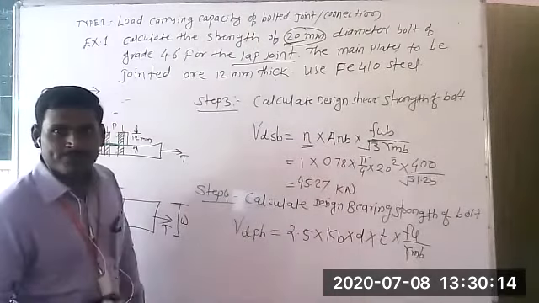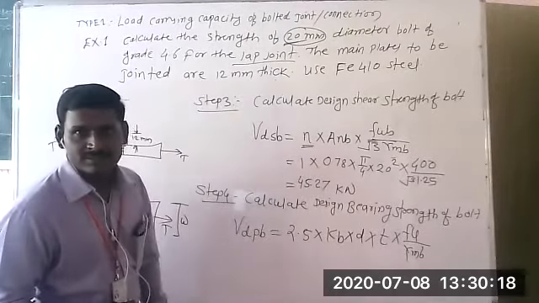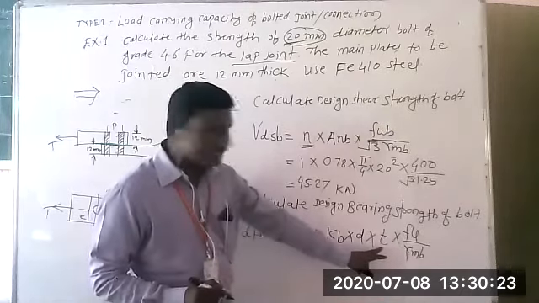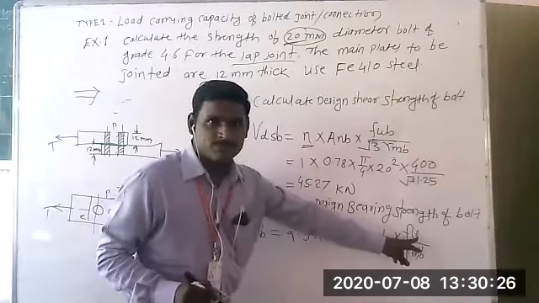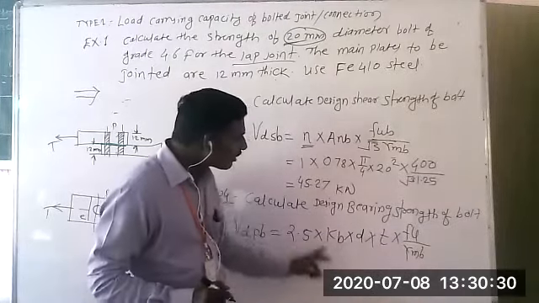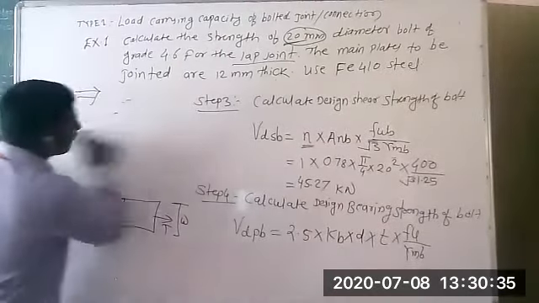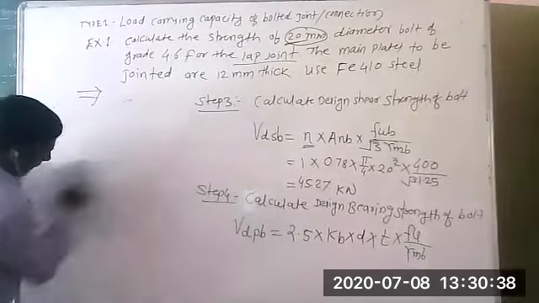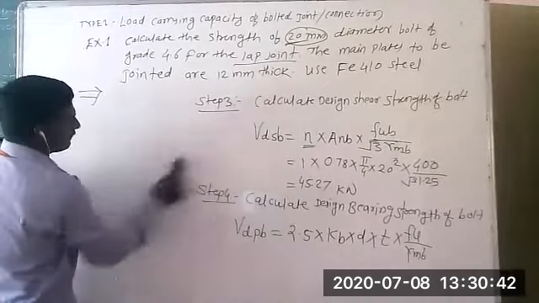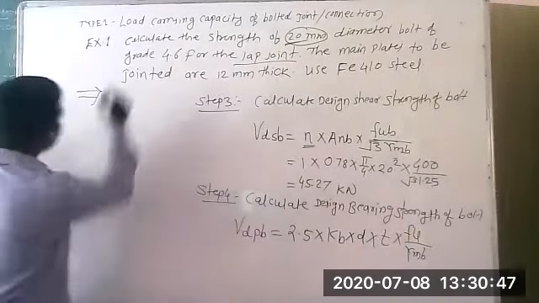Now we have to calculate KB first. D is the nominal diameter 20 mm, T is the thickness, FU is 410, gamma M is 1.25. So we have to calculate only KB now. I will calculate KB here.